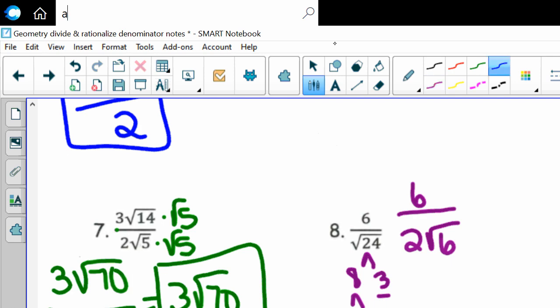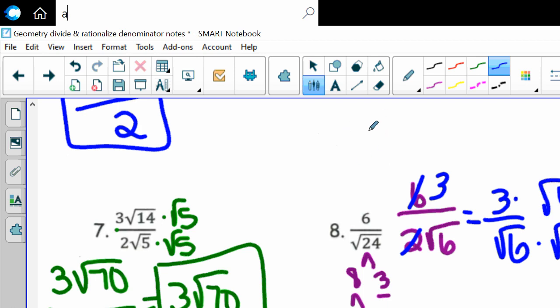Now, this 2 goes in that 6 3 times. So now I have 3 over the square root of 6. Now I can rationalize the denominator by multiplying top and bottom by the square root of 6. So on top, I have 3 square roots of 6 over just 6. But again, that 3 goes in that 6 twice.